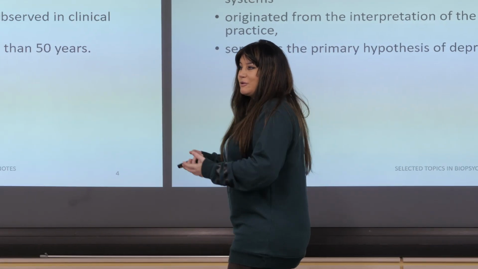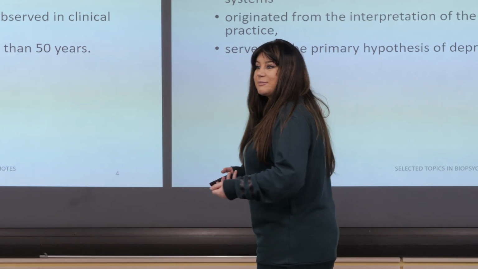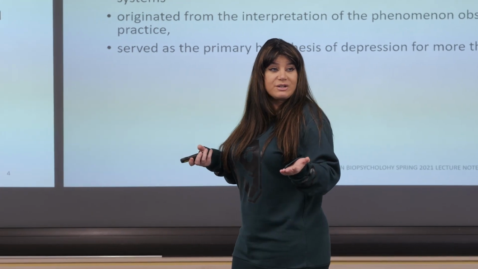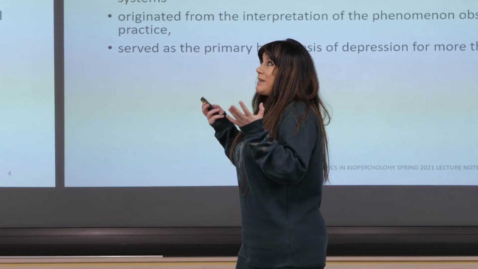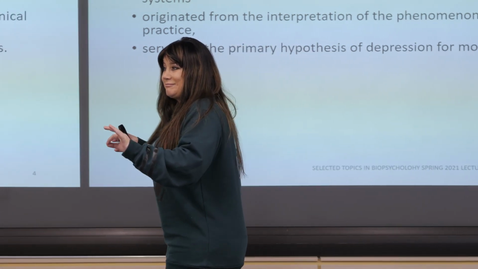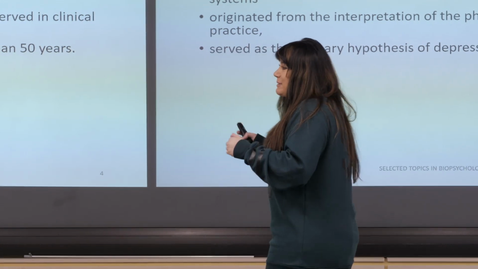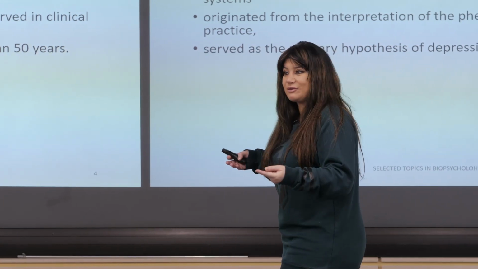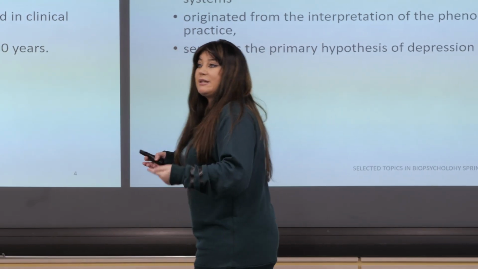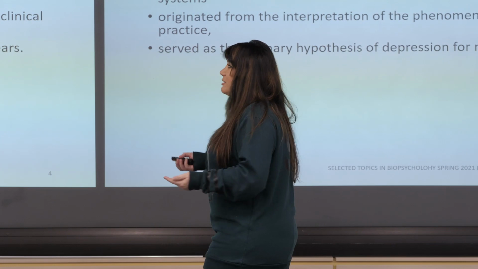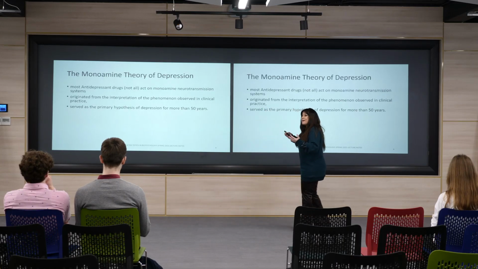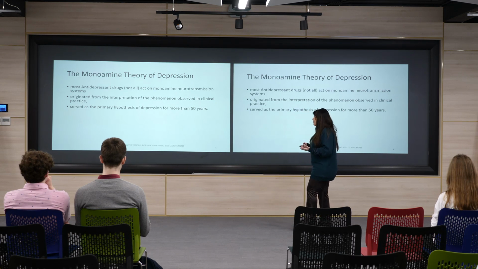You have the patients in the clinics, and the patients are treated by different medications, and you don't know anything about the pathophysiology of depression, but for some reason that drug works, whatever it is. And then people start to look at the action mechanism of this drug, and as a result of that, they say, okay, probably that pathway should be included in the pathophysiology of depression. So the Monoamine theory of depression is that kind of theory that was made based on this approach.